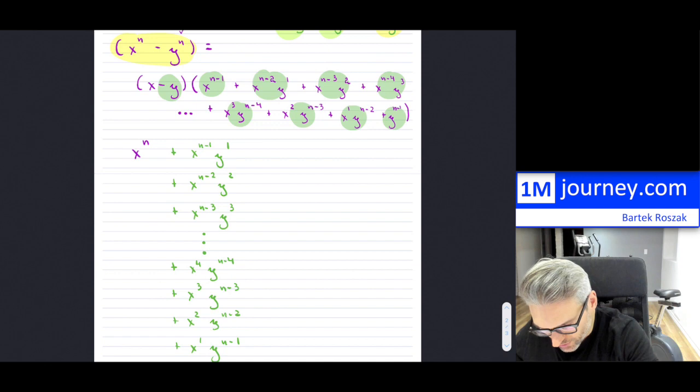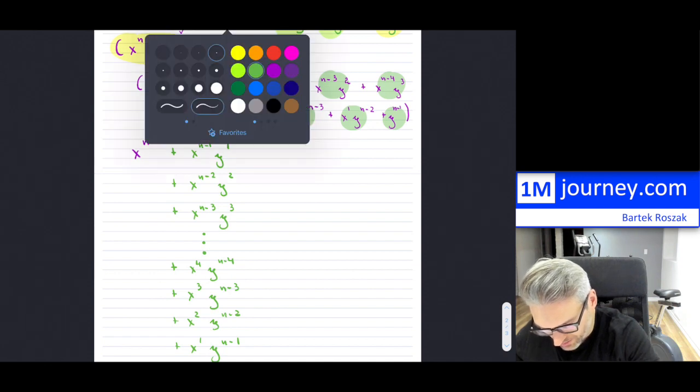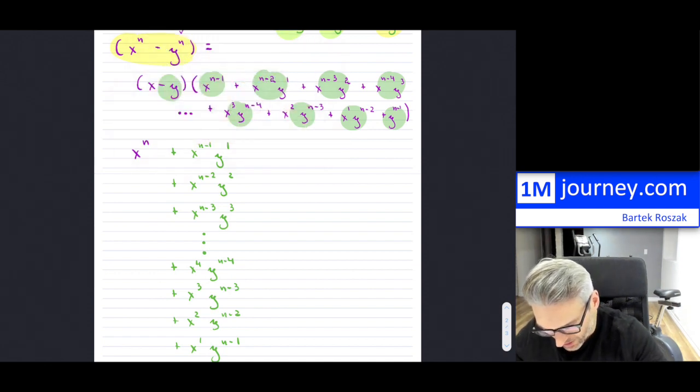If I would do that, I'll swap the colors in here. This multiplied by here, and I'm going to do it on the side so that you can see how nicely things start to fall off. Notice that I would get this, then minus x to the n minus 2, y squared.